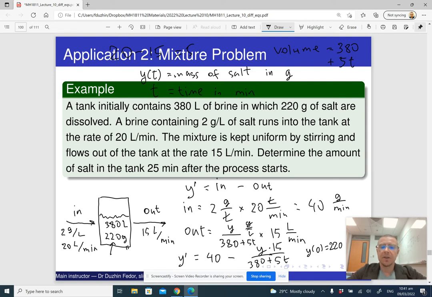So the concentration in the outflow is measured in grams over liters, which makes perfect sense. It is consistent, because now liters will cancel out, and the outflow is also measured in grams per minute.